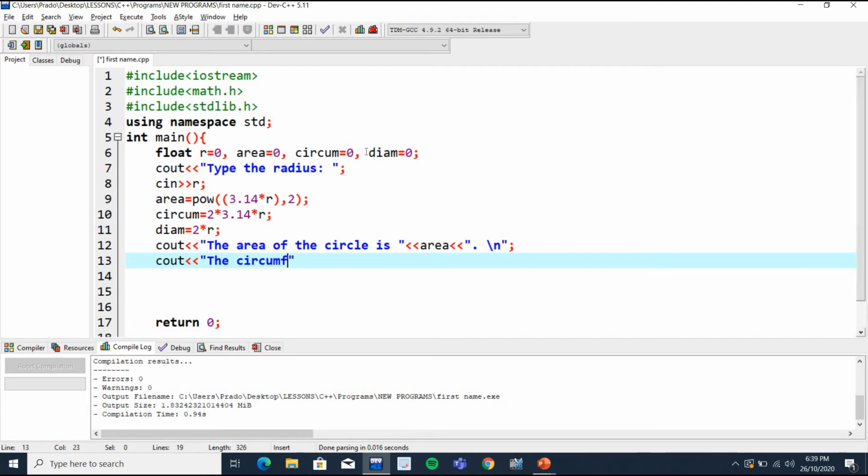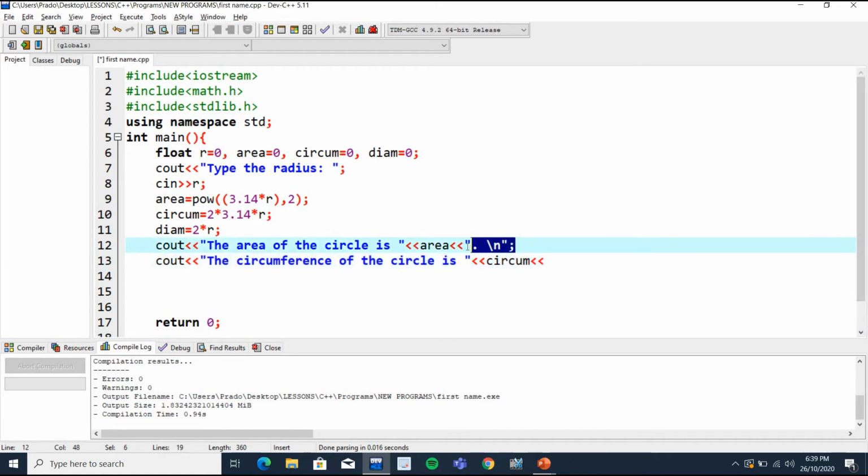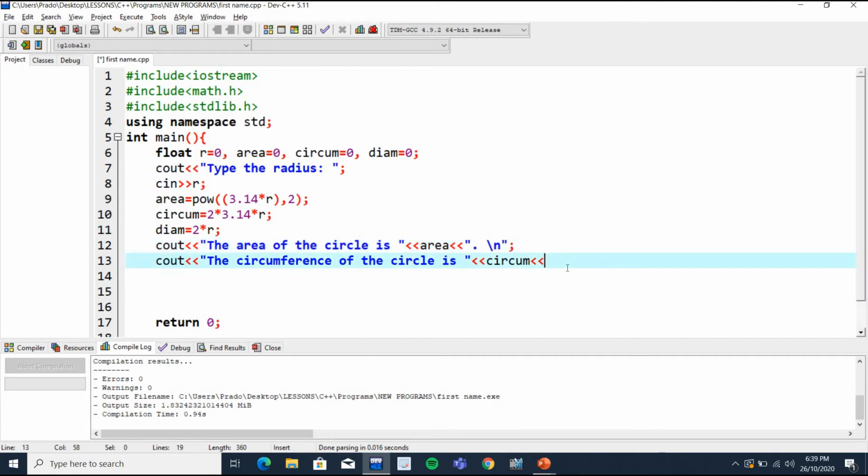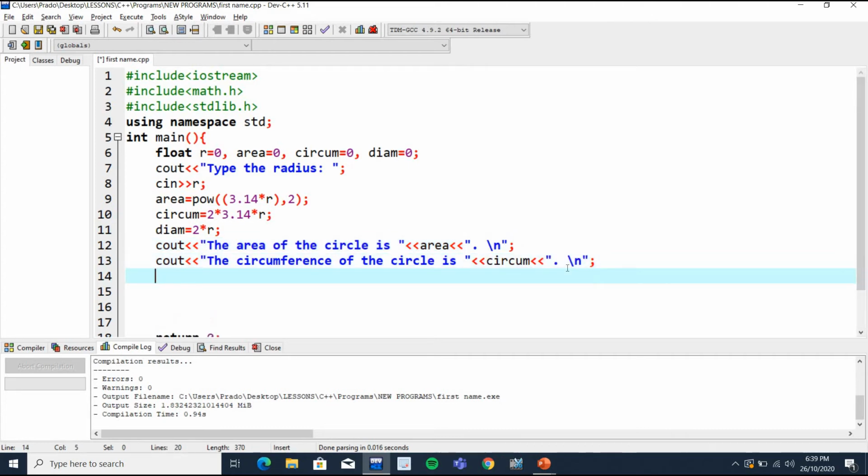Next, cout the circumference of the circle is, space. Saka natin tawagin si circum. And then, the same sa kanina, lagyan po natin itong period. So, copy, and then paste. And lastly, syempre, yung kay diameter.